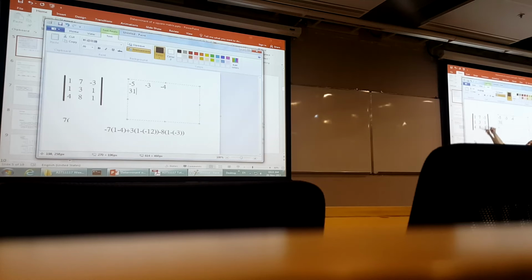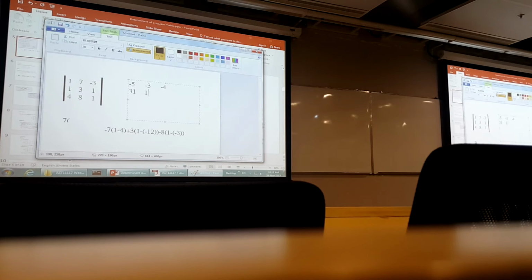24 plus 7 is 31. For this one, the minor is 1, and then on this side it is 3, 4, 12, minus 12, 13. Minus 13! For this position, the minor is 8 minus 28. So it is minus 20.